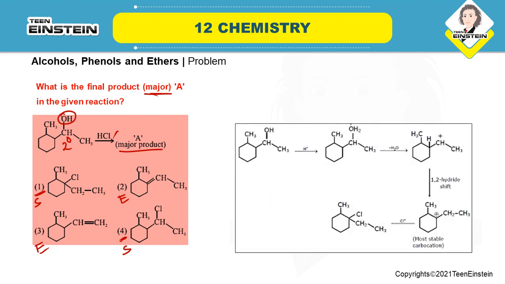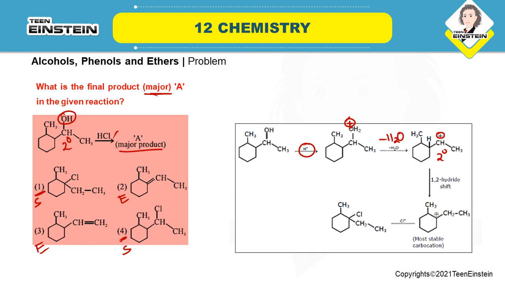So first, in presence of H+, OH will be protonated. It is a good leaving group, so it will be removed. Now there is a positive charge, and this positive charge is 2 degree. Now you have to be very careful at this stage: is there any rearrangement possible by which you can generate a more stable carbocation?